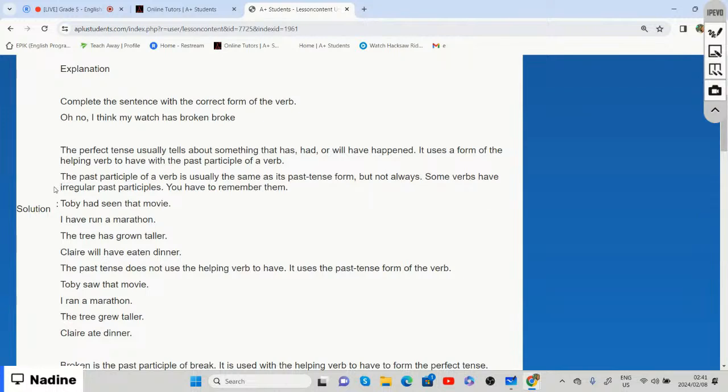And the past participle of a verb is usually the same as the past tense form, but it's not always like that.